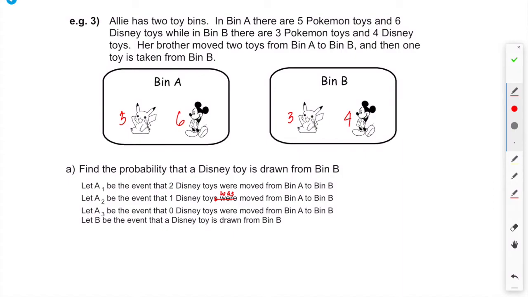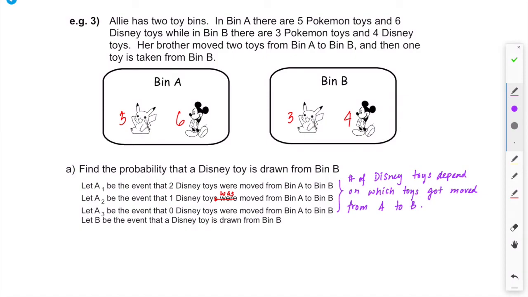So let's write this down: the number of Disney toys depends on which toys got moved from A to B.